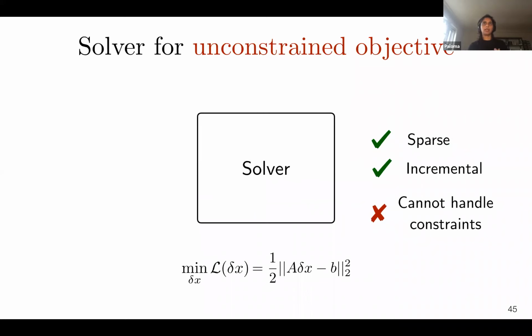So now in the unconstrained solver that we just saw, the two main advantages are that it's exploiting sparsity and the incrementalness or the online nature of the data. The shortcoming, however, is that it cannot directly handle constraints.